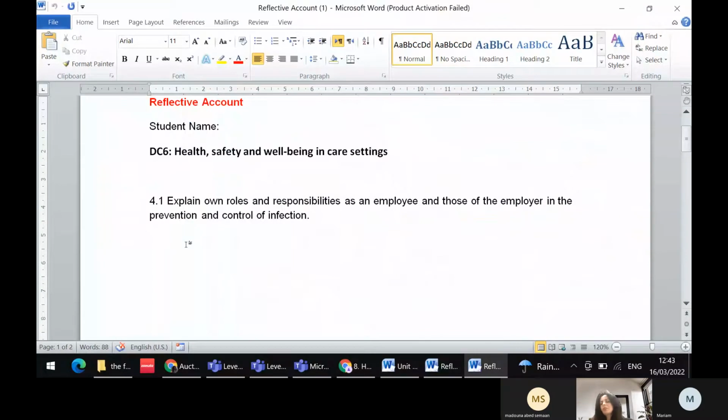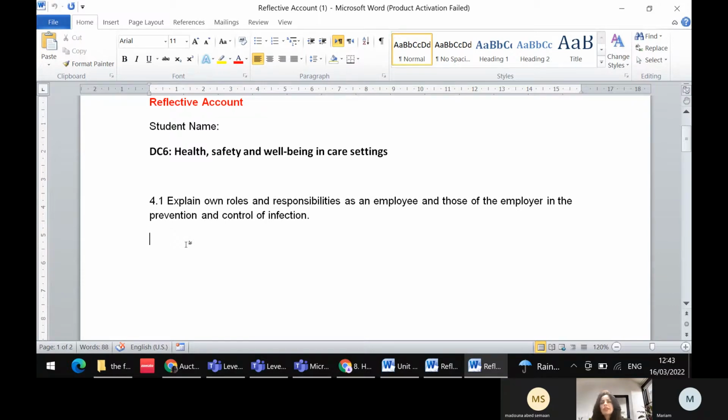So if I was going to respond to this question, I would say, as a carer, I work in a care setting. My own responsibility is to make sure that I always try to prevent infection or control the infection. And the way I'm doing this, I make sure that my hands are clean at all times.